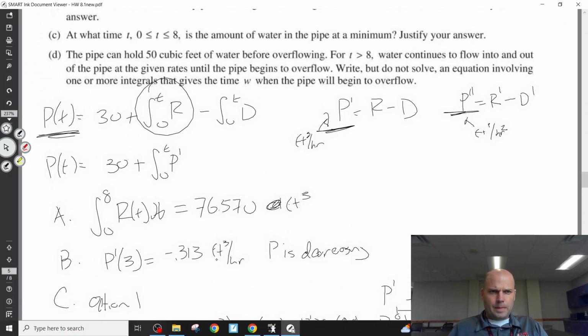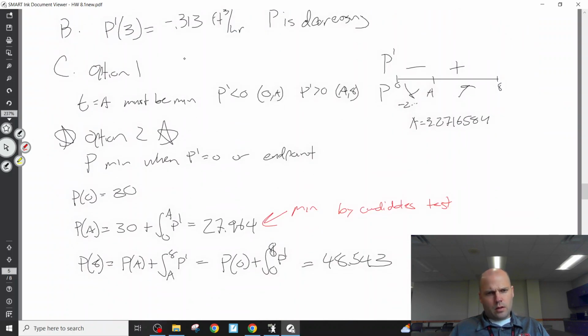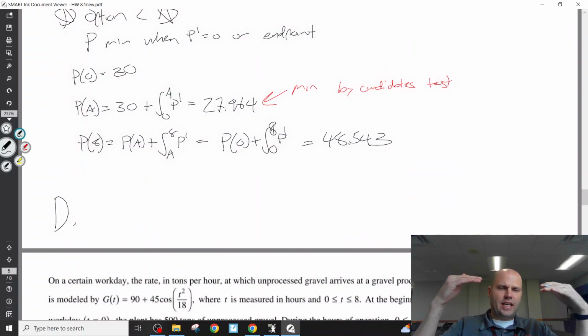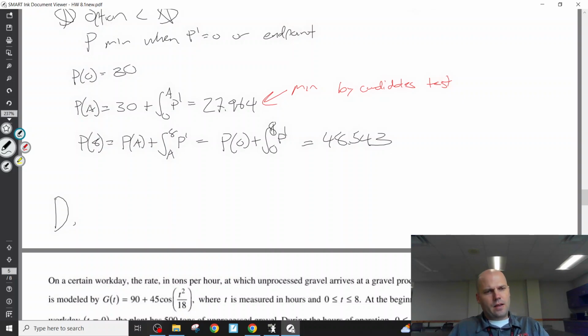Part D, pipe can hold 50 cubic feet of water. It might seem confusing, but you're going to see how variables in integrals are okay. Okay, there's 50 feet of water is the total before I overflow. Well, I started with 30.